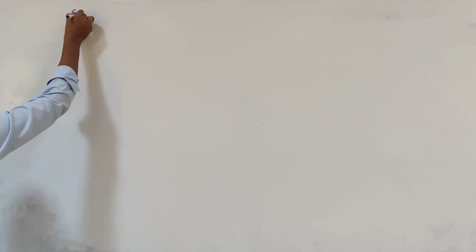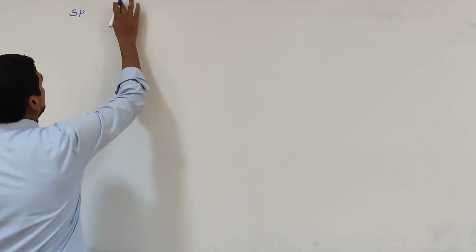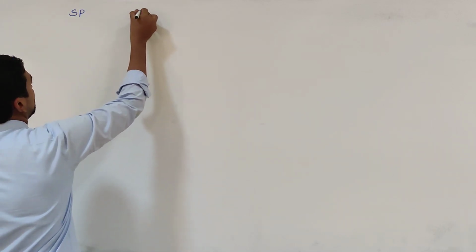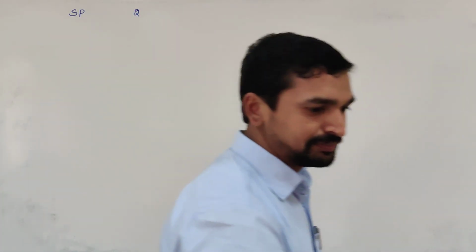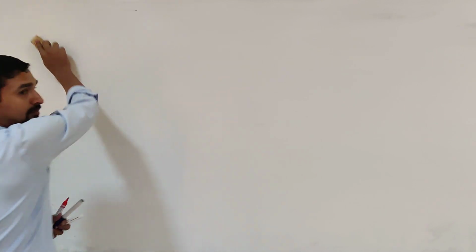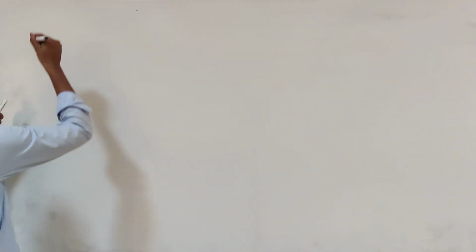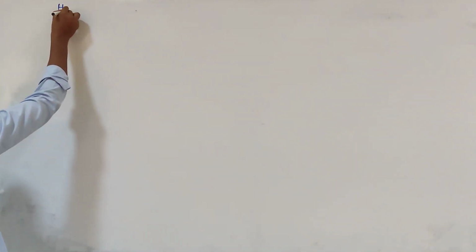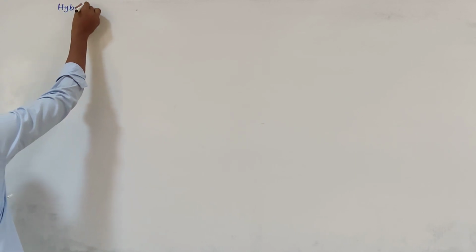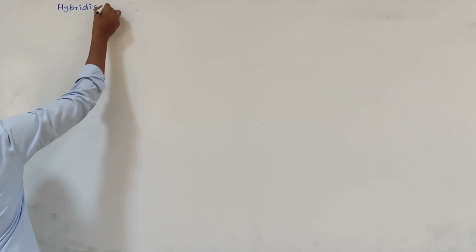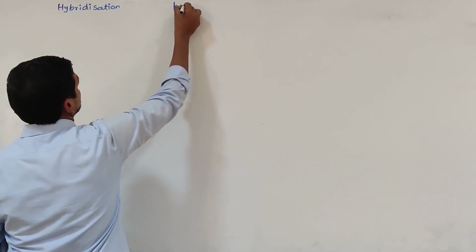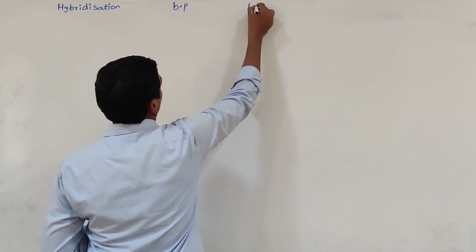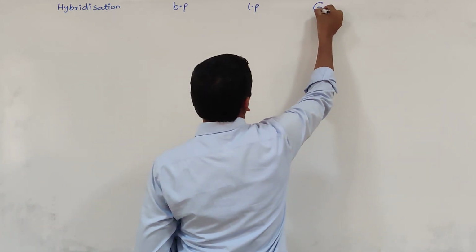I write here hybridization, bond pairs of electrons, lone pairs of electrons, and geometry.